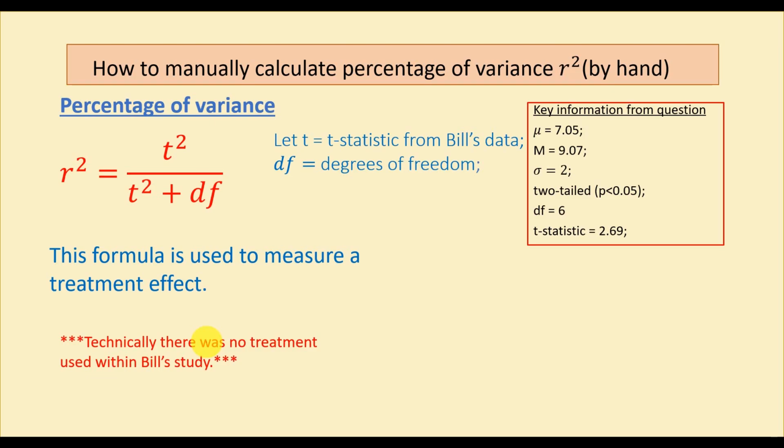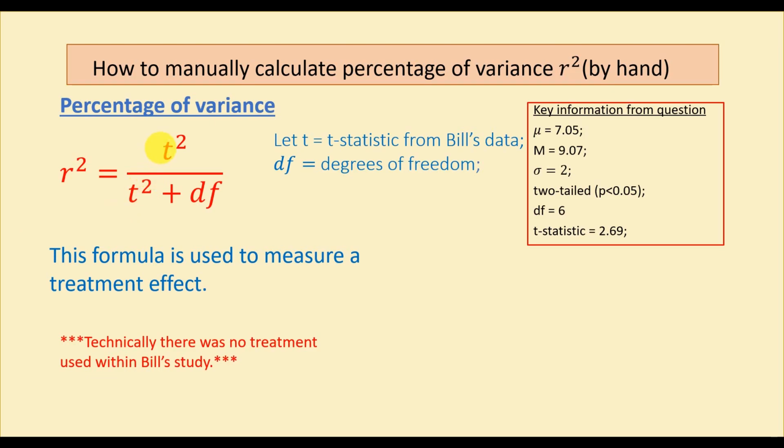But if it asked you to calculate it, or let's say hypothetically there was a treatment effect, let's say Bill was put into a special type of walking program to see if it would encourage students to do more walking, then we could say there was a treatment being used, and then we could use this formula.